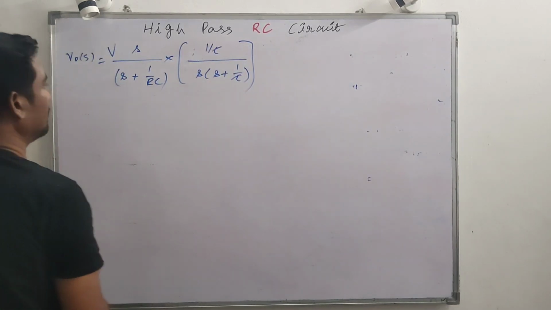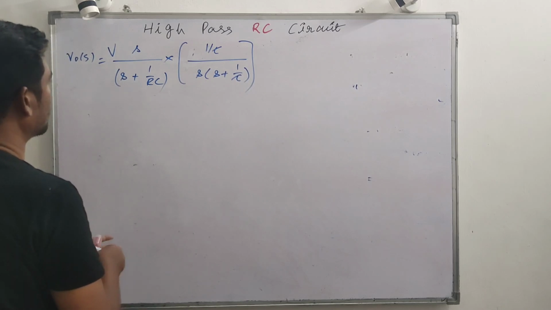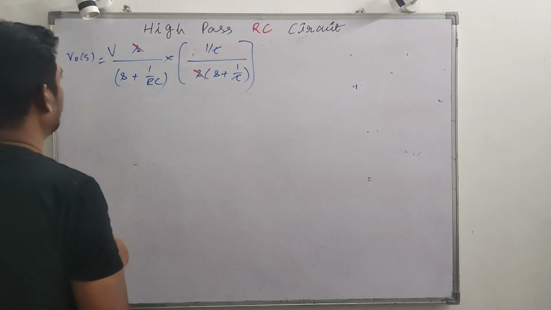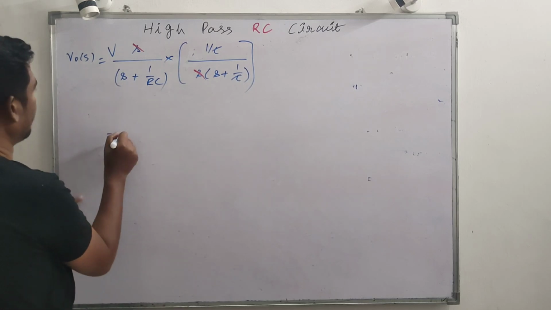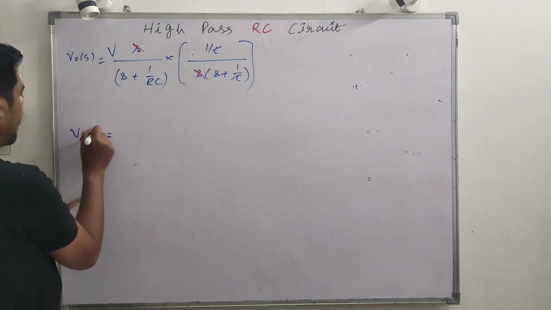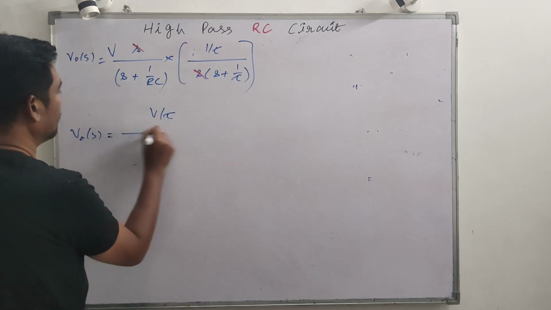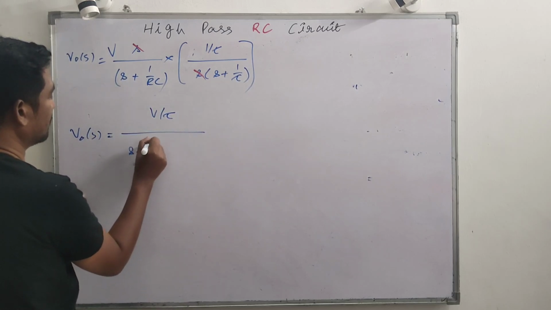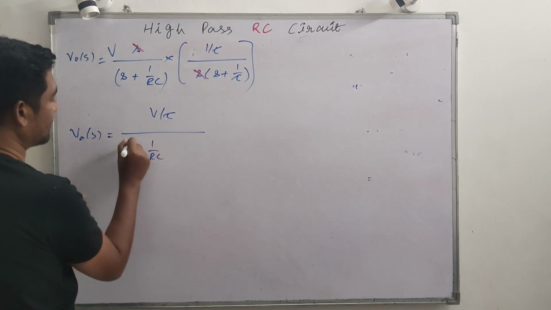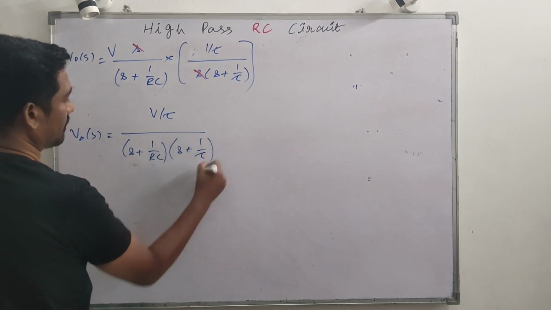In this expression, s is supposed to get cancelled. This one, we don't have this anymore. And this one, finally, the reduced equation, we have V upon tau by s plus 1 upon RC into s plus 1 upon tau.